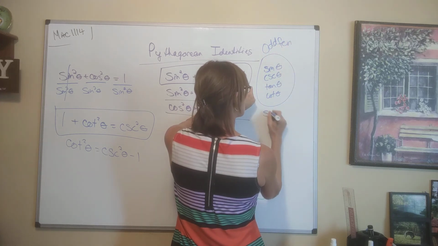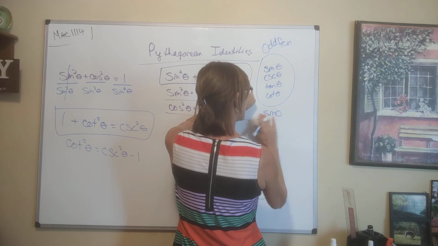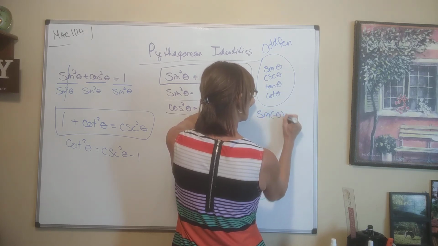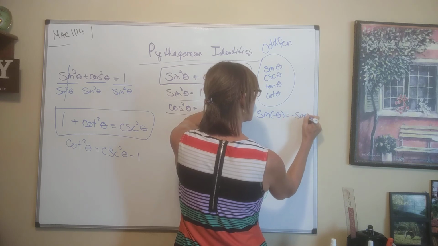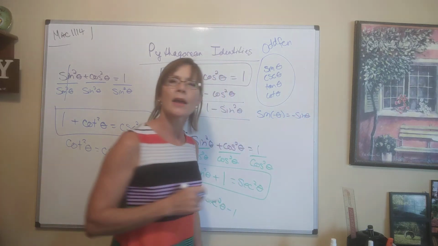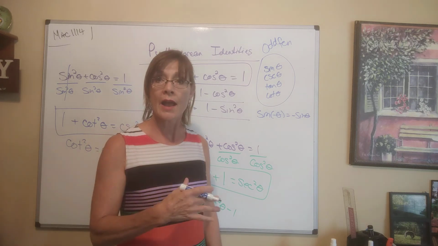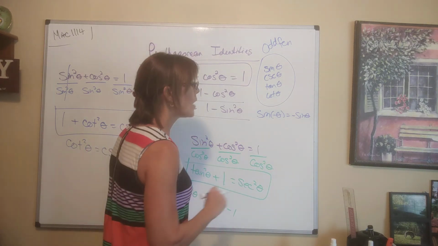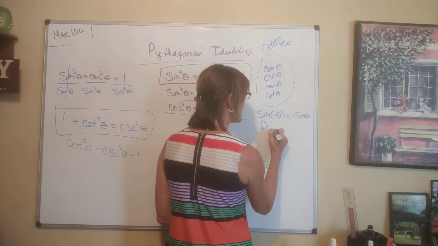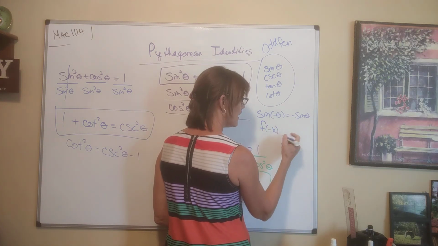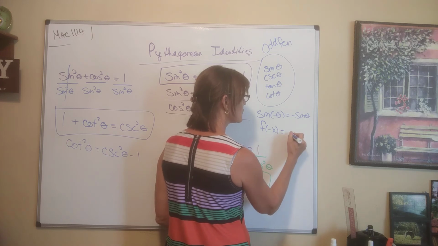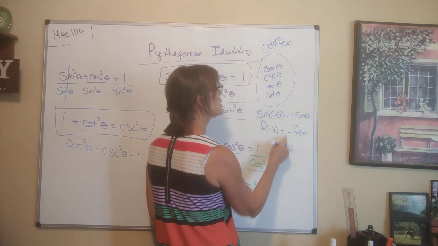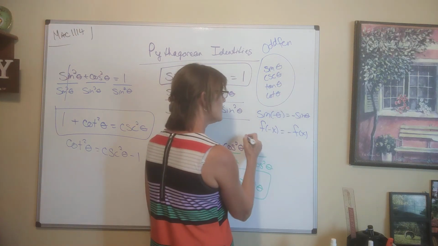Which means that the sine of negative theta is equal to negative sine theta. So if you have had college algebra, and I think you all have, you learned about even and odd functions. If you take the negative of an x and it equals negative f of x, this is what an odd function is. That's what happens for all of these.